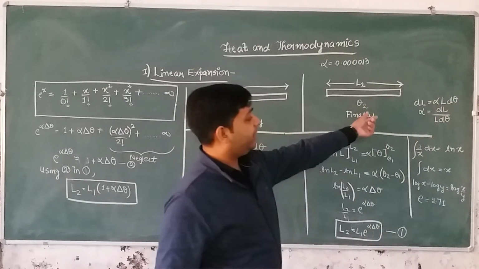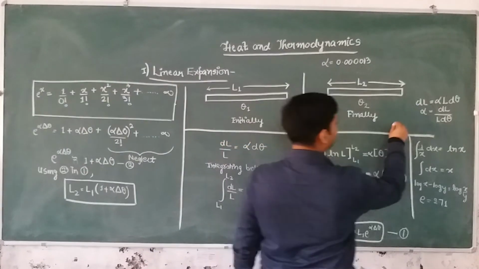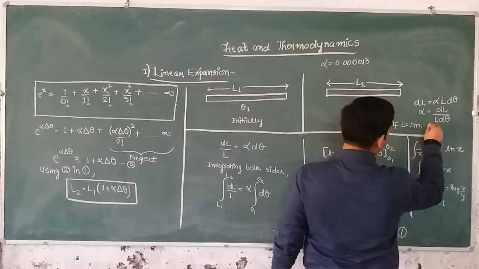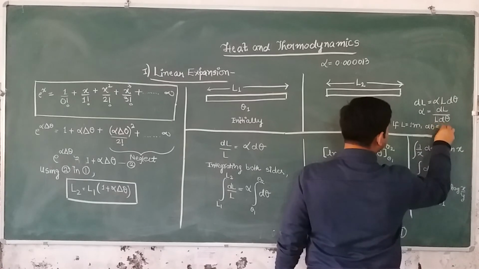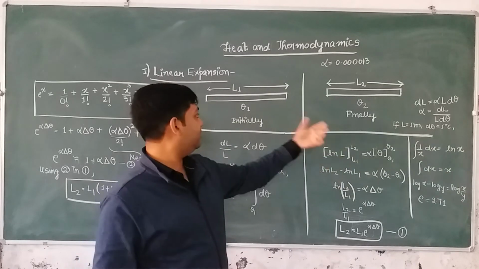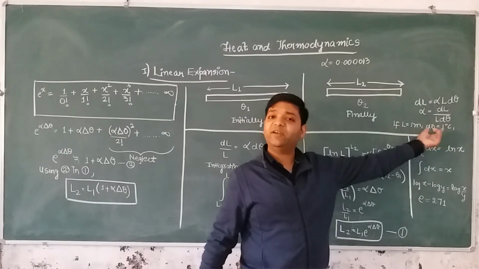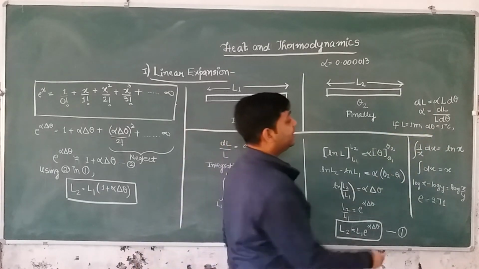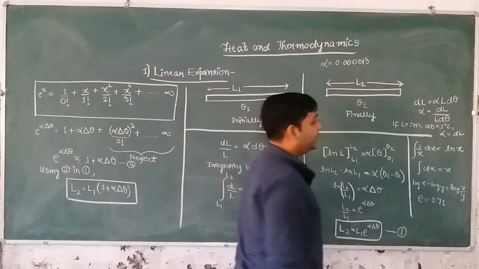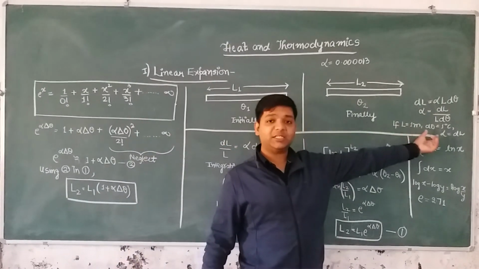So if initially the length of the rod was L equal to 1 meter, and d theta is 1 degree centigrade, so we are increasing the temperature by 1 degree centigrade, then from here alpha is equal to dl. So we can define the coefficient of linear expansion from here.